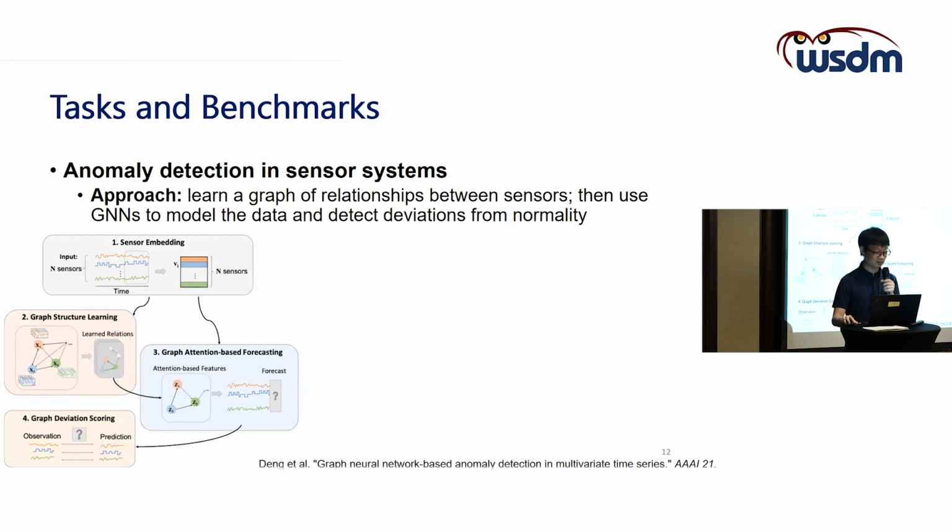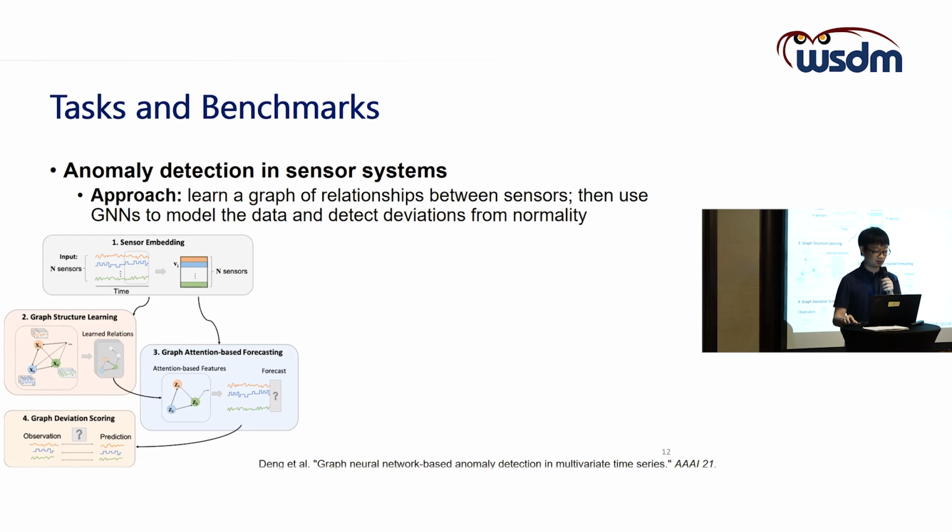After doing this, our next goal is to learn the graph structure. The way we do that is by trying to predict which nodes are highly correlated in terms of the temporal pattern. This is learned in an end-to-end manner together with the rest of the algorithm.